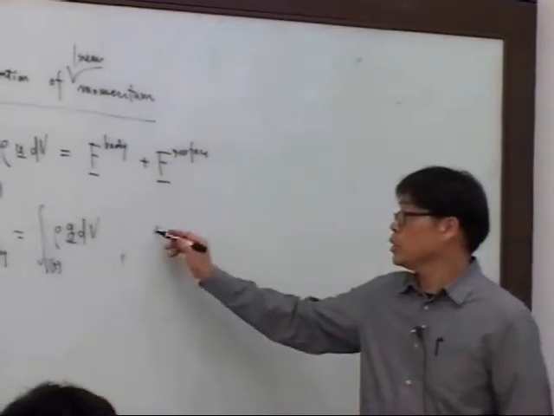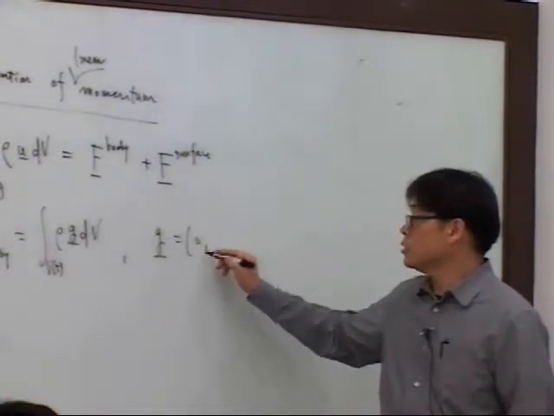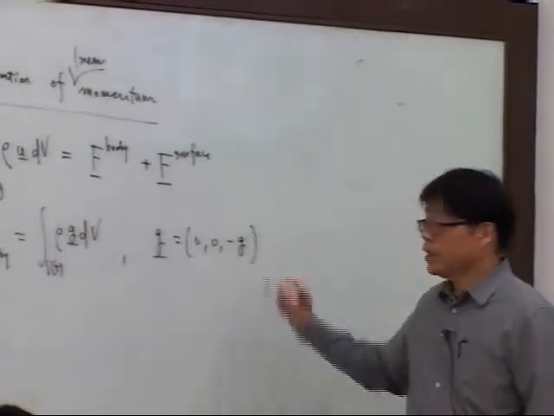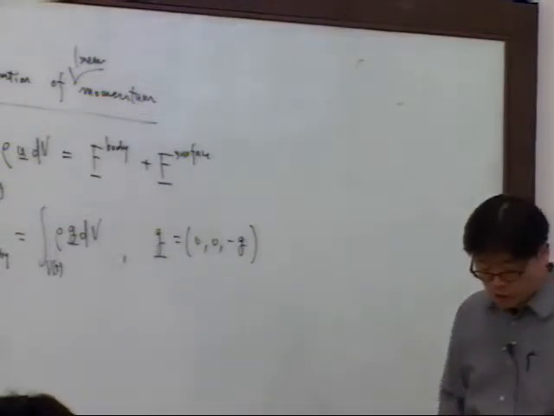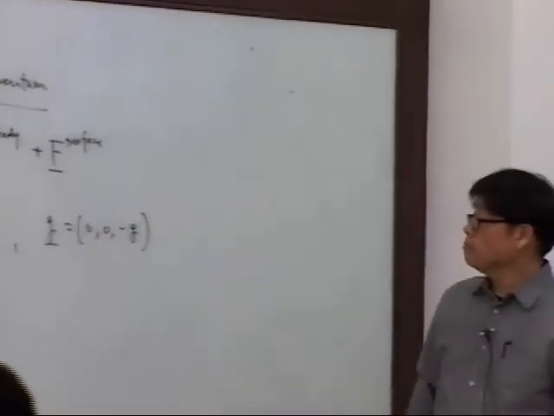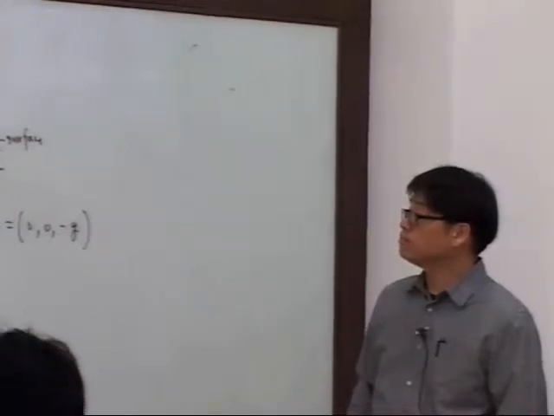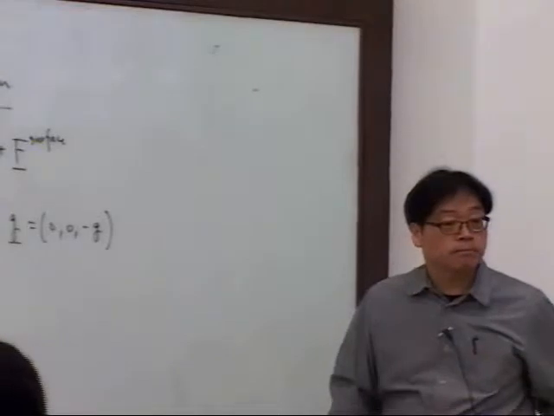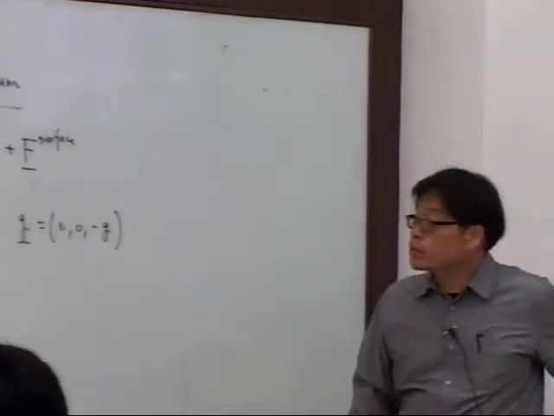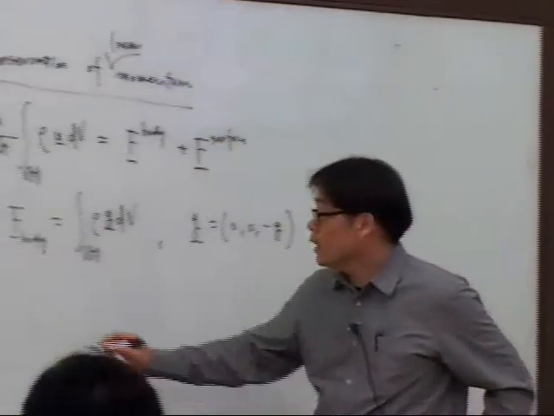So here g is nothing but 0, 0, minus g if positive z direction is upward. Okay? So far so good?